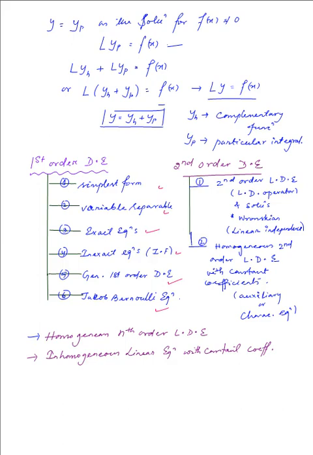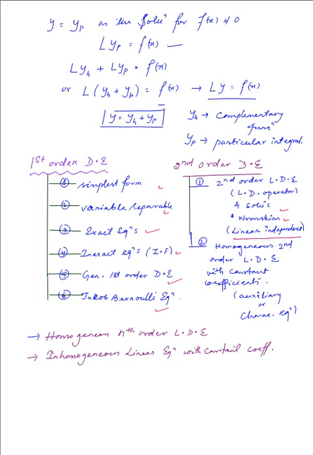Then we move over to the second order differential equation. We discuss the differential operator along with the solution and the linear independence, which is easily explainable by means of the Wronskian, an interesting mathematical tool for us.